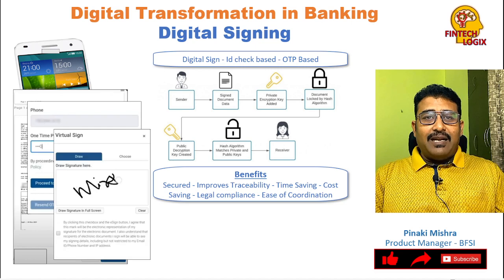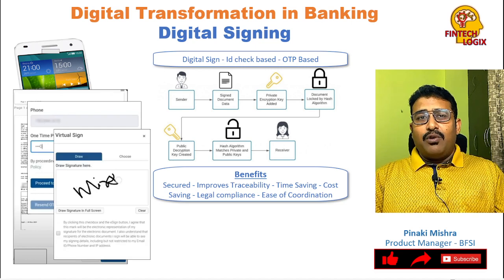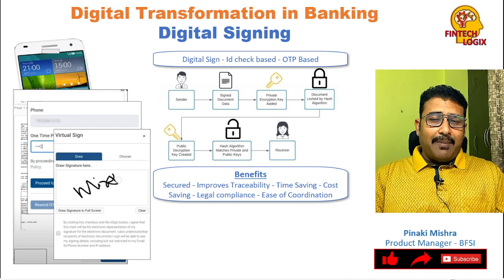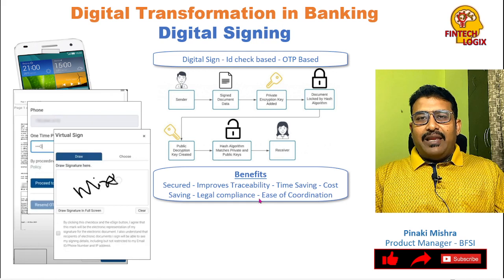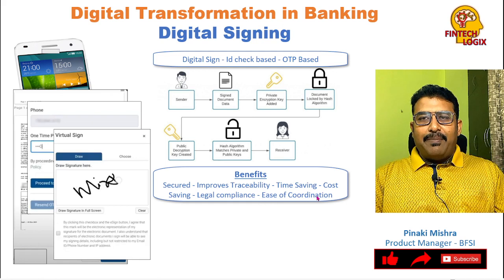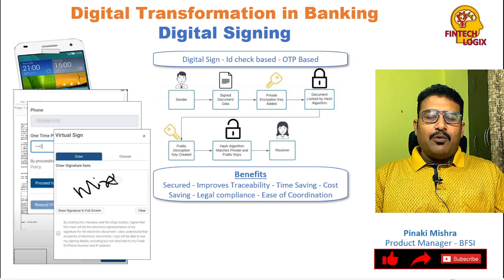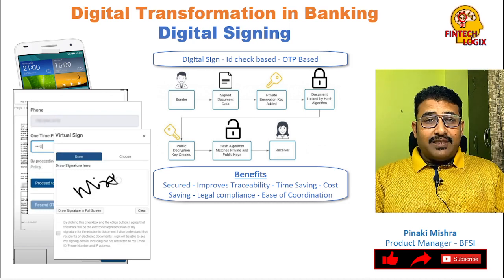So definitely this is much more legally compliant than the previously happening physical document transfer. Because we have done all that, ease of coordination happens, and overall it reduces the turnaround time to make the process much more efficient.